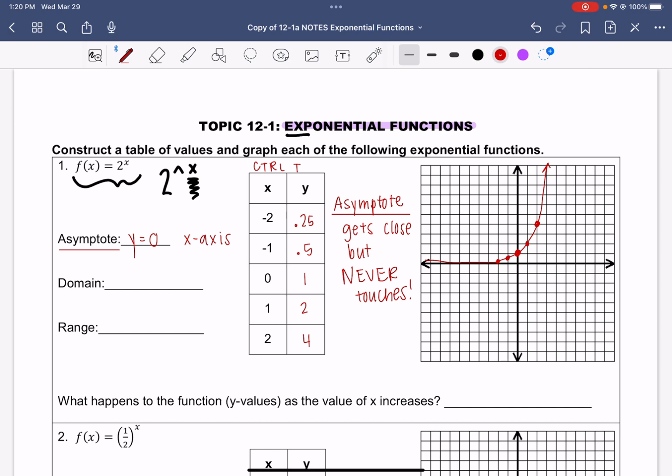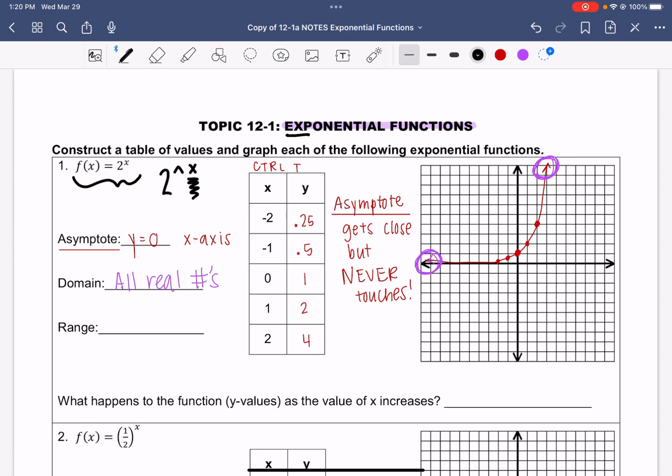All right, domain, okay? Remember, domain is left to right. We have an arrow going to the left forever, and an arrow going to the right forever, up and to the right forever. So therefore, our domain is all real numbers. Our range is going to be pretty much the same as our asymptote.